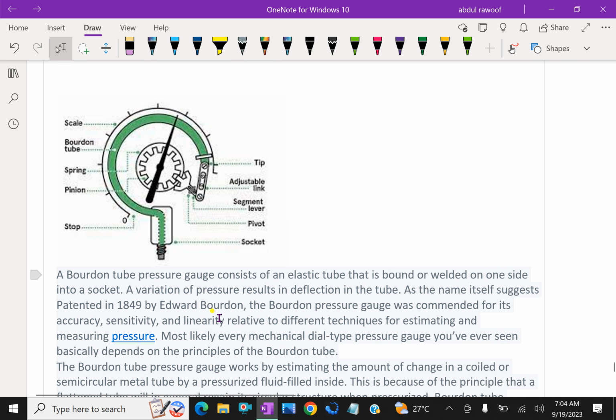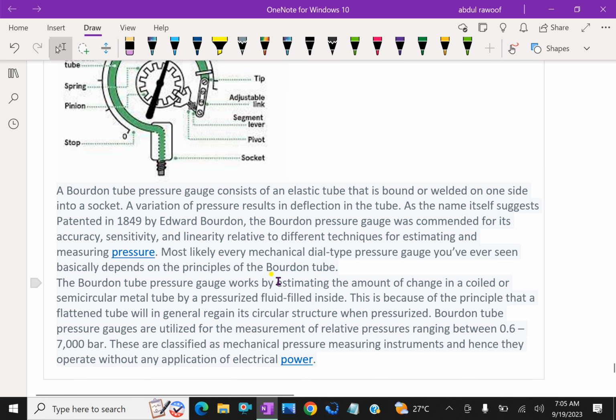The variation of pressure results in deflection in a tube. Deflection in tube measures the variation of the pressure due to the medium applied inside. Due to that medium's pressure, it deflects. Most likely every mechanical dial type pressure gauge you have ever seen basically depends on the principles of the Bourdon tube.